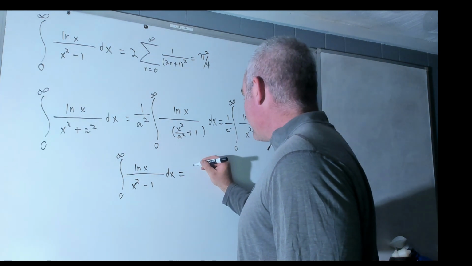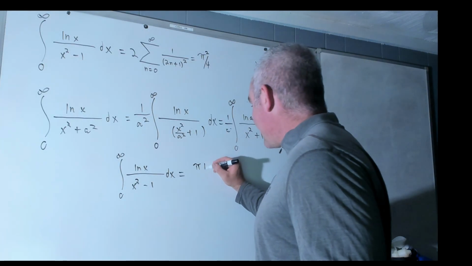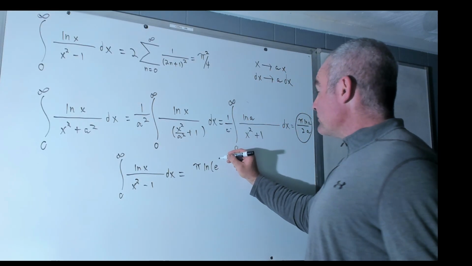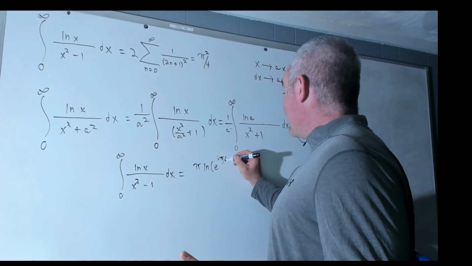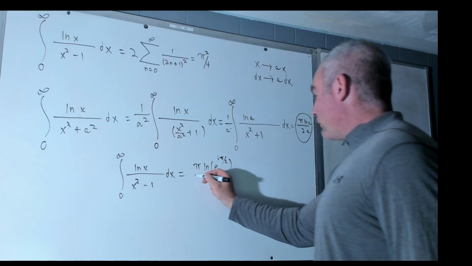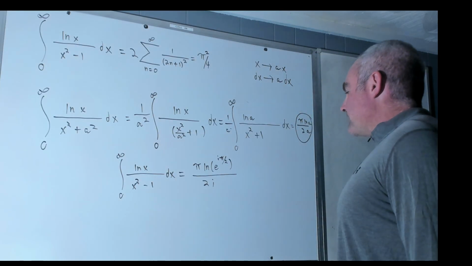Let's do it carefully. Pi times natural log i. Well, that's the same as natural log of e to the i pi over 2, using the principal value, all over 2i. What's that?